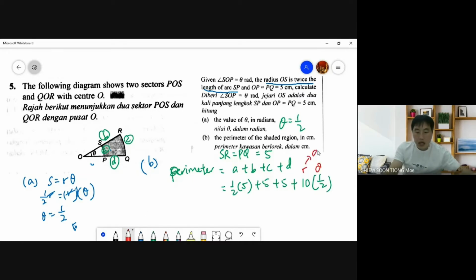This R is OR, OQ. Theta you get already. Okay, then we get the answer. This one is 5, 5, 5, 5, 15, 15. Then our answer is 17 1/2 cm.